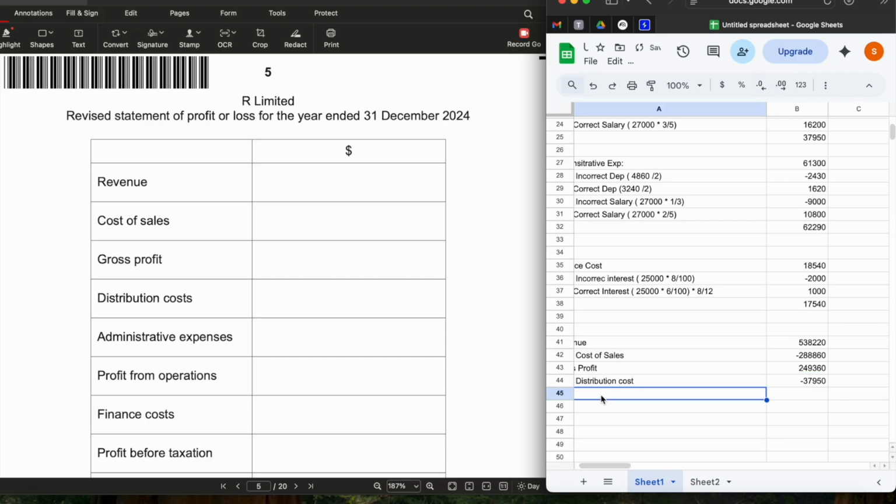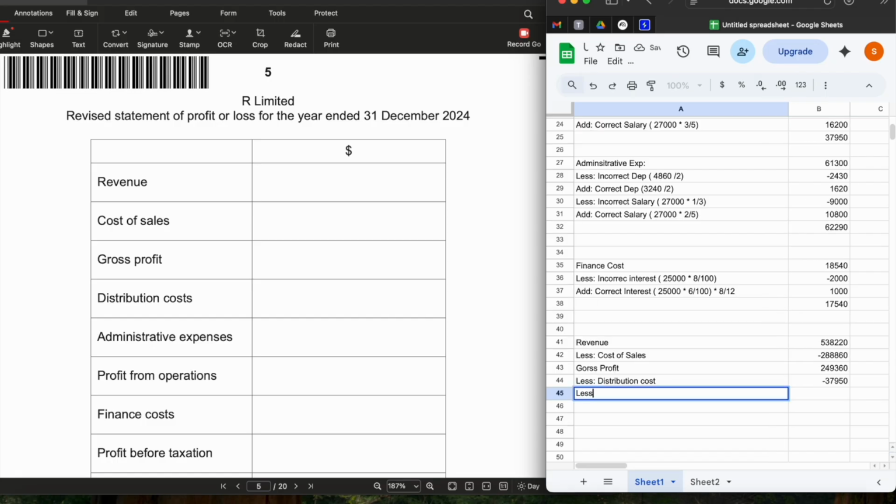After distribution cost we subtract administrative expense, which we calculated as 62,290 right here.